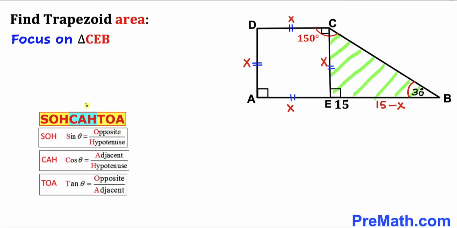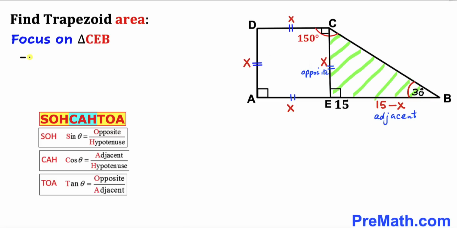Now let's recall SOHCAHTOA, and we are interested in tangent of 30 degrees, which is equal to opposite divided by adjacent. For this angle of 30 degrees, this side is adjacent and this is the opposite side.